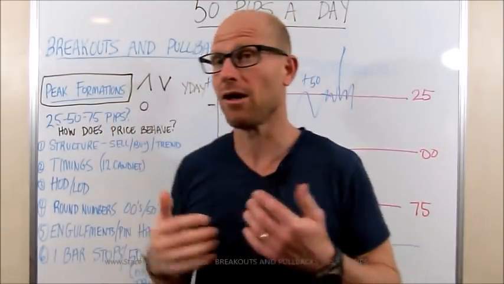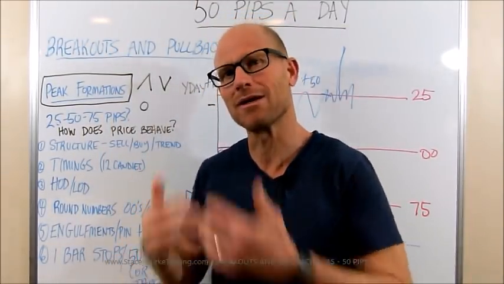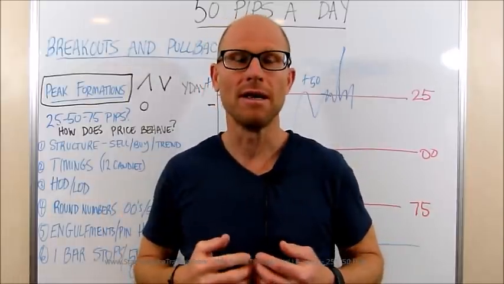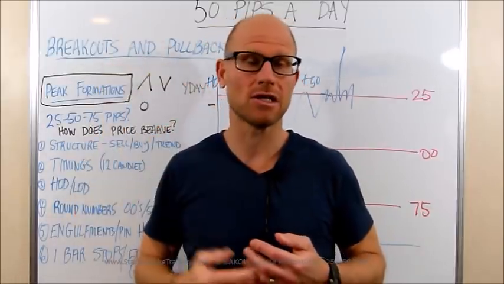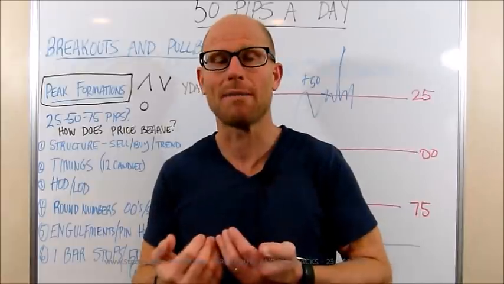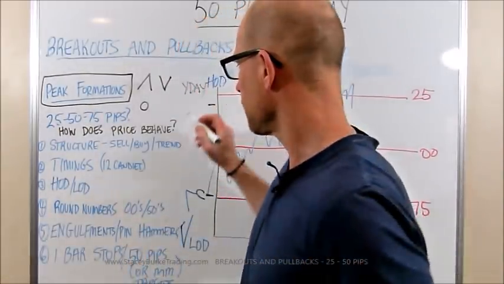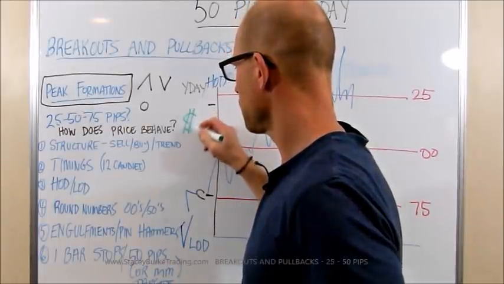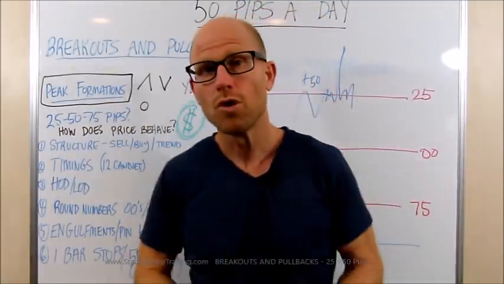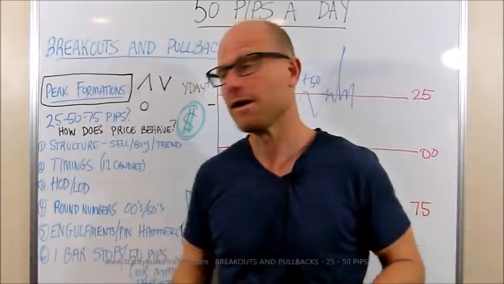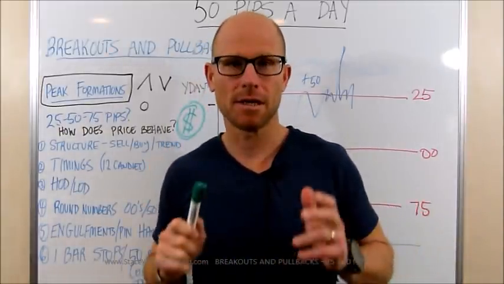The pullback in a lot of cases is actually a stop hunt into traders who are already in profit, but it's gone back to hit break-even stops, or traders who have trailed that market down using a trailing stop. And again, one of the things, always ask yourself, who is in profit and where is the money?